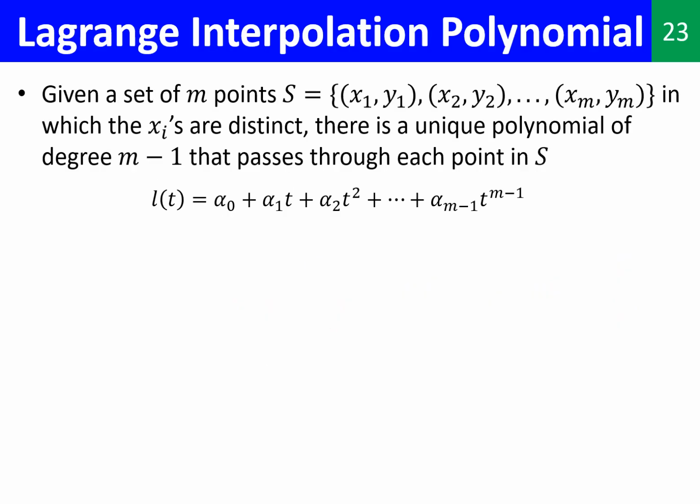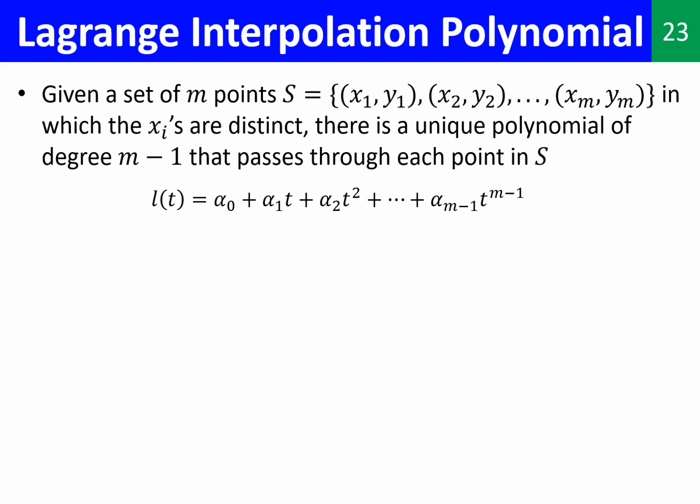Along with the discussion we are having, there is one interesting piece of information I want you to know. Have you heard of Lagrange interpolation polynomial? So from linear algebra, if we have m number of points where xi are distinct, then there will be a unique polynomial of degree m minus 1 that would pass through all the given points in S. And that polynomial is what is known as the Lagrange interpolation polynomial.